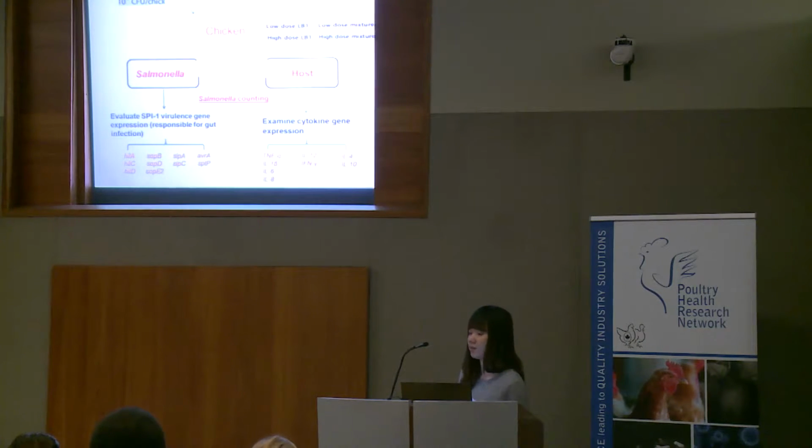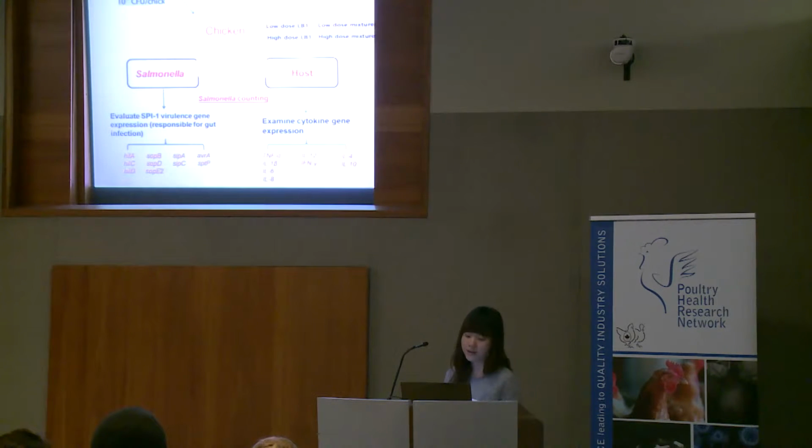LB1 is a kind of Lactobacillus from the chicken, and we also have the mixture of 4 Lactobacillus, 3 from the pigs and 1 from the chicken, with low dose and high dose mixture treatment groups. We want to look at the defense effects of the Lactobacillus on the chickens in 2 ways. The first is from the Salmonella itself.